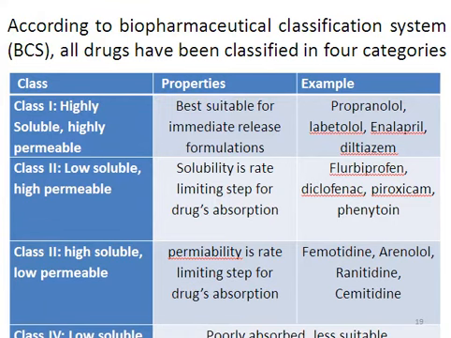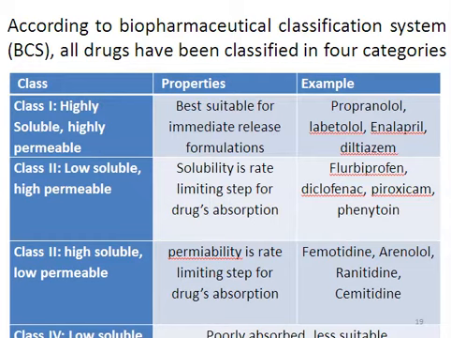According to the biopharmaceutical classification system, normally abbreviated as BCS, we have 4 classes of drugs. Class 1 are known as the highly soluble, highly permeable drugs. They are best suited for drugs that are to be used for immediate release, right?